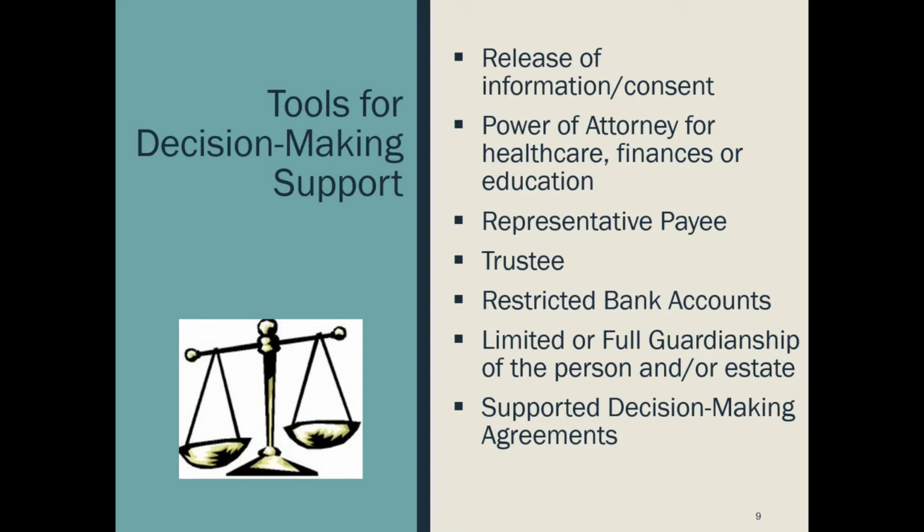And one of the places that this matters a lot is around health care. So if there are people involved in that young adult's life, and often it's family members, who help with setting up doctor's appointments, making decisions about medical care, interacting with medical professionals, and that's important to continue, you have to do something.